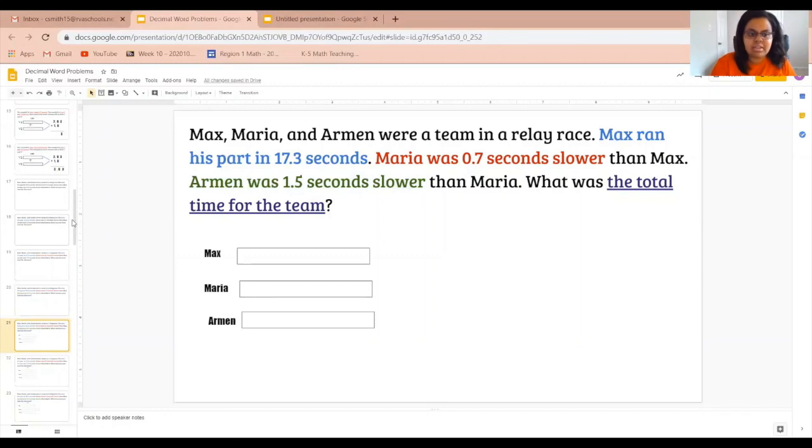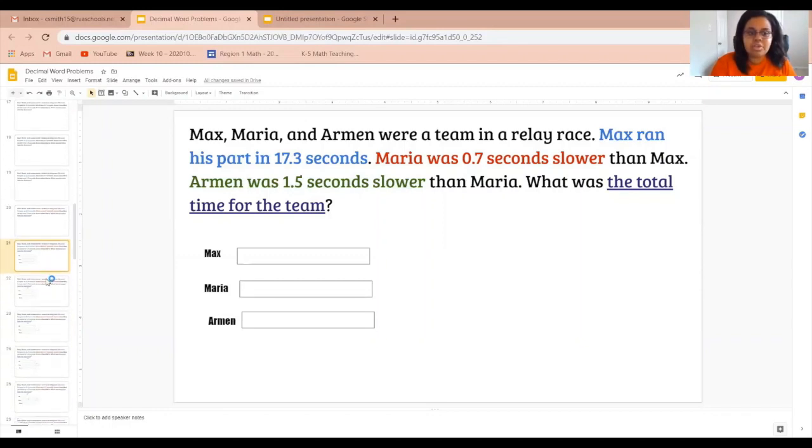We can start off by labeling Max's bar because we know that Max finished in 17 3/10 seconds. So on your paper, go ahead and label the first bar for Max as 17 3/10. Next, we have Maria. We know that Maria was 7/10 slower than Max. That means that Max finished at 17 3/10, and then Maria finished 7/10 seconds later.